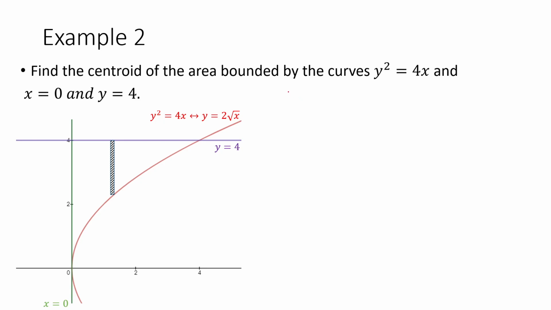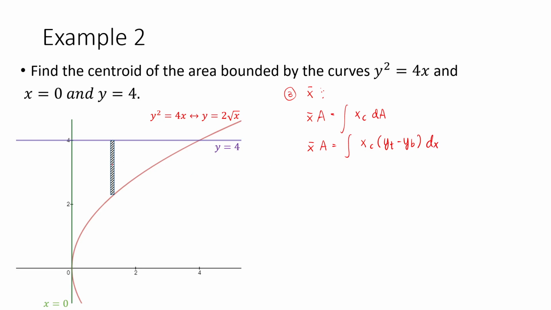Okay, so next is your bar x. So solving for bar x, that will be bar x times area is equal to x sub c times the differential area. So again, we are using the vertical strip, so we're going to have x sub c times y top minus y bottom dx.